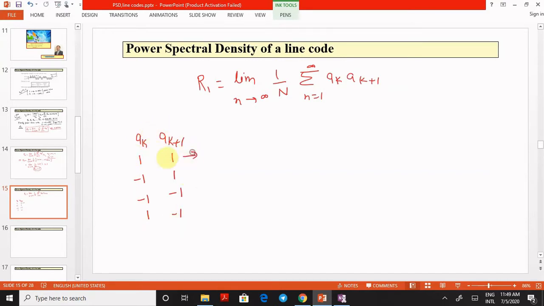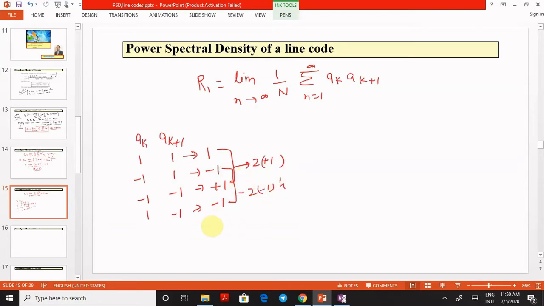So if we take the product of these two things, ak and ak plus 1, then this is 1, this is minus 1, this is plus 1, and this is again minus 1. So we are getting 2 plus 1s and we are getting 2 minus 1s.